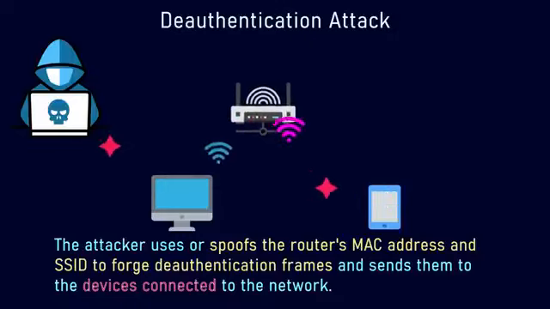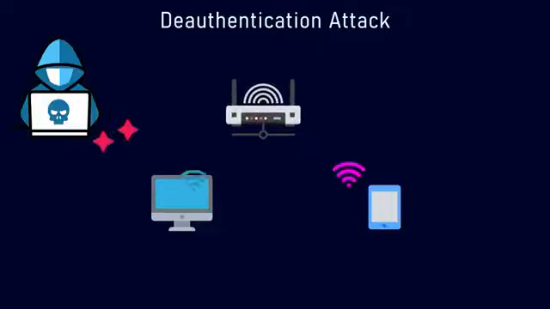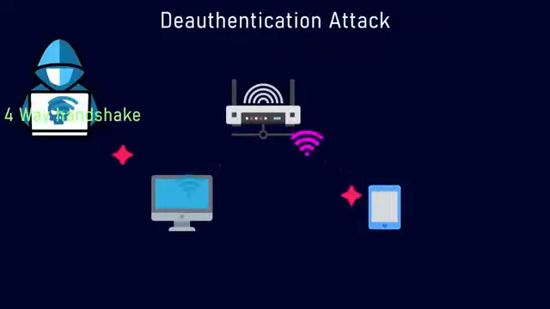When client devices receive deauthentication frames, they assume the frames are sent by the router or network. They immediately disconnect as soon as they receive the deauthentication frames. And when the user or client device reconnects, the four-way handshake gets captured.